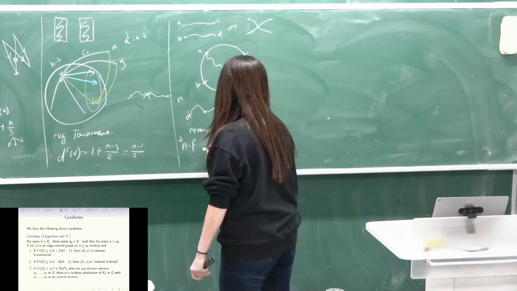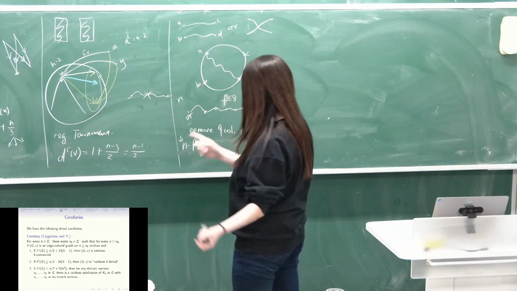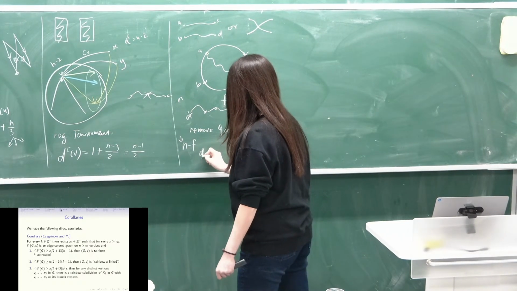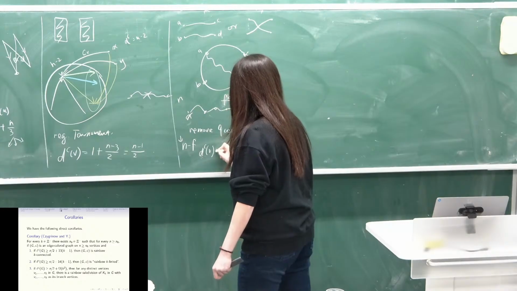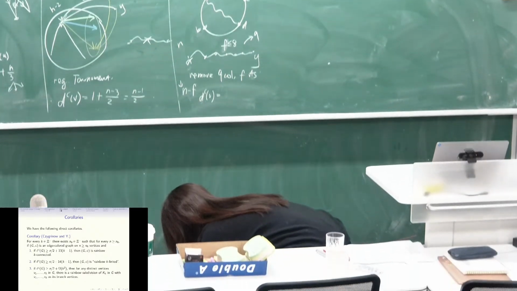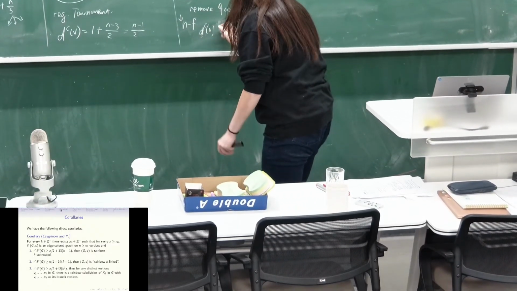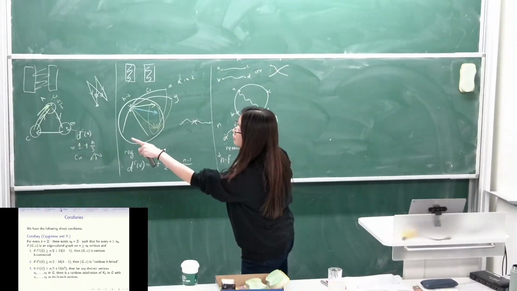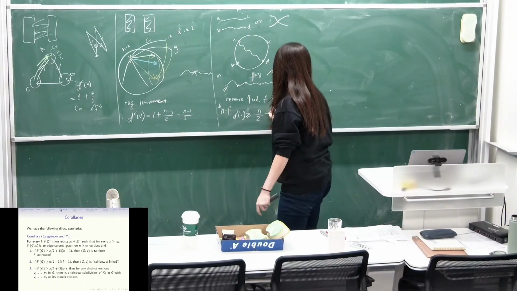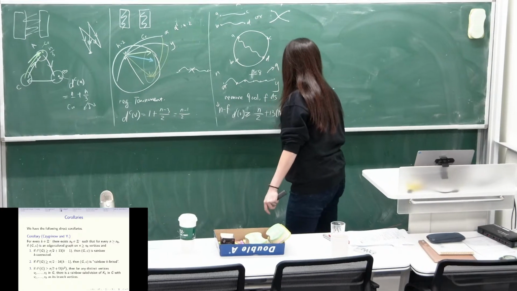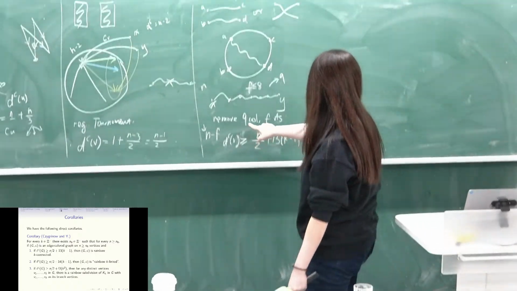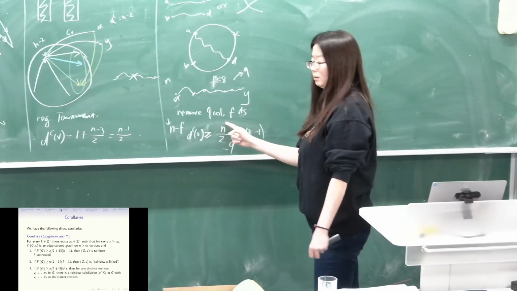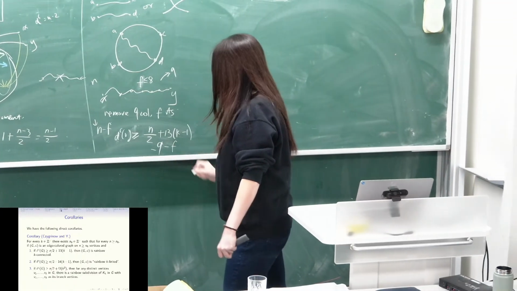And if we look at an arbitrary vertex v, then the new degree is going to be at least the original degree, which is half of n plus 13k minus 1, and minus 9 minus f.